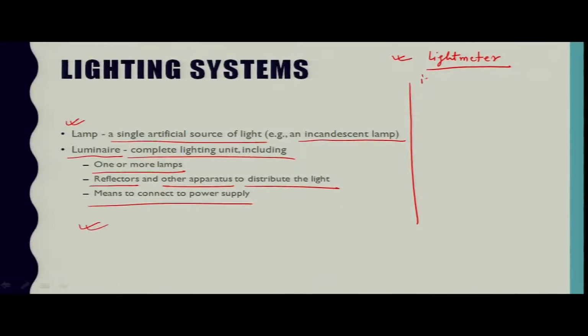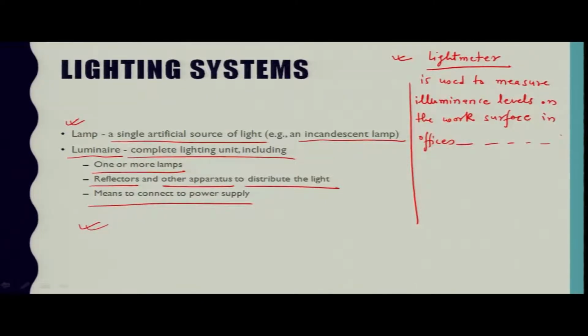This light meter is used to measure illuminance levels on the work surface in, let's say, offices, shops, factories, etc., and the reading can be compared with the levels recommended in some standards.